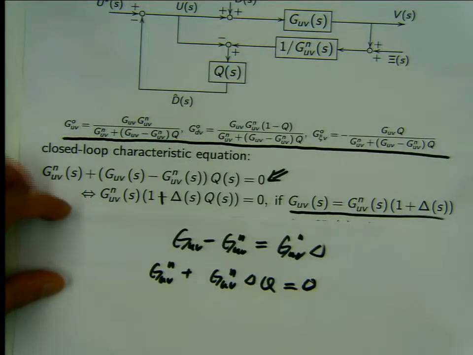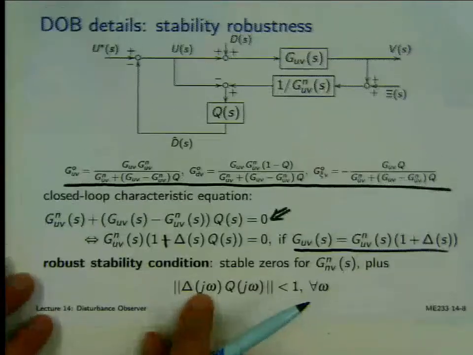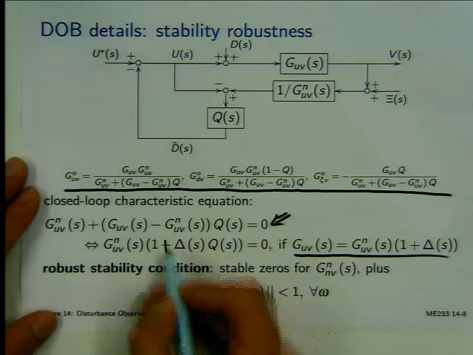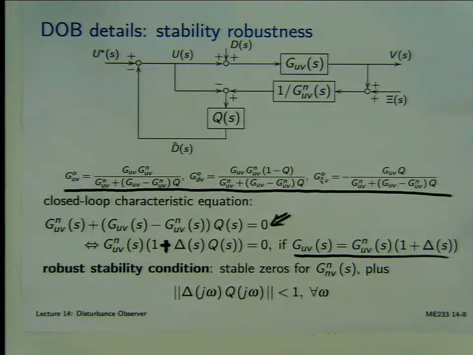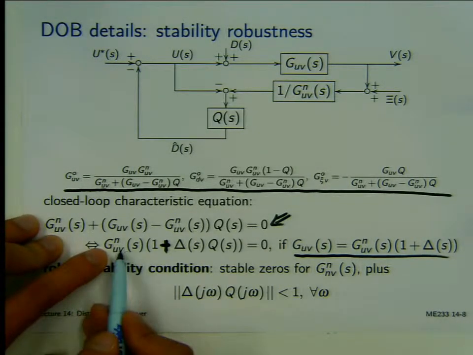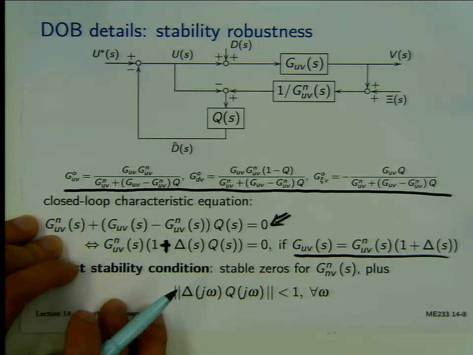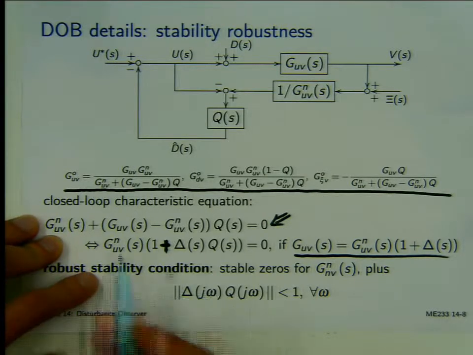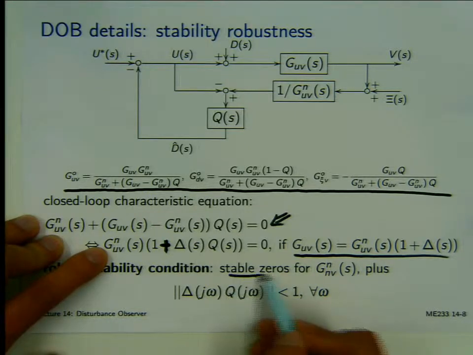Now, what are the stability conditions for the system? First of all, the roots of this guy have to be stable. And then the roots of this guy also have to be stable. So that means GUVN, the zeros have to be stable.